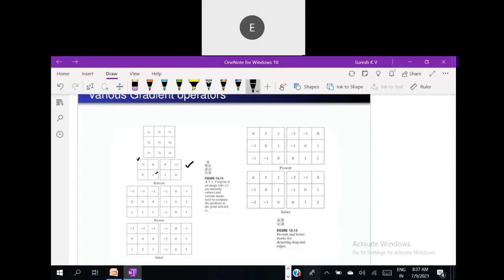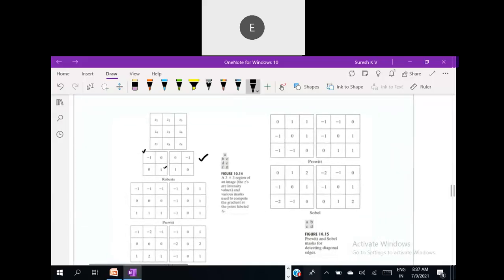Can somebody tell me what type of edges this type of kernel will detect? We have already discussed this in unit 2. Diagonal edges.